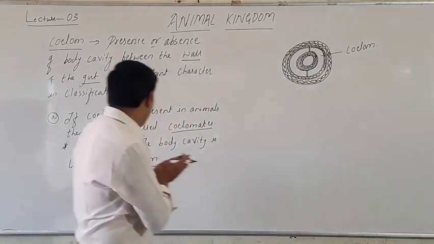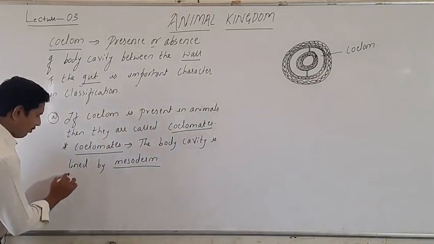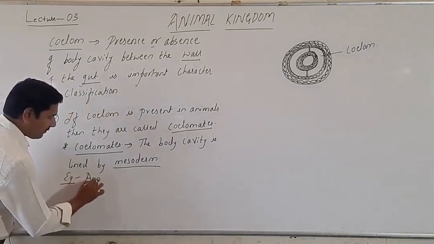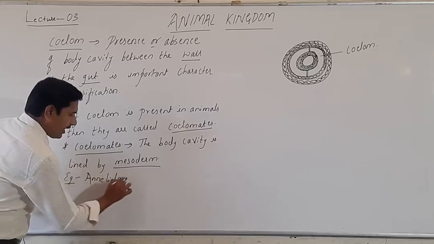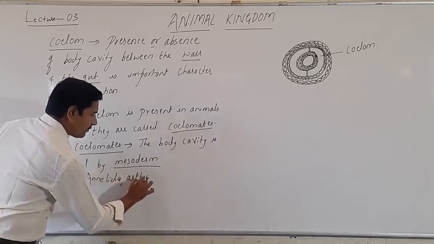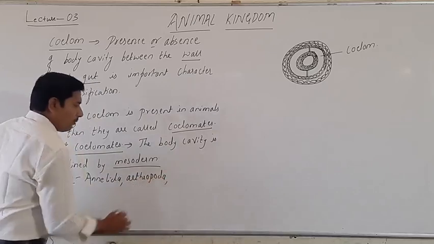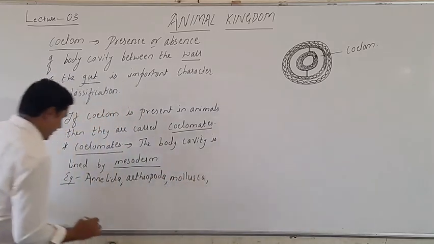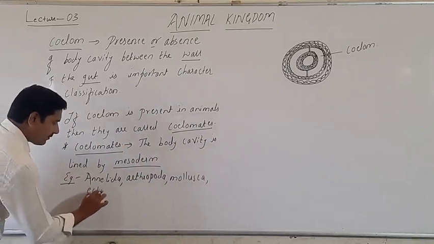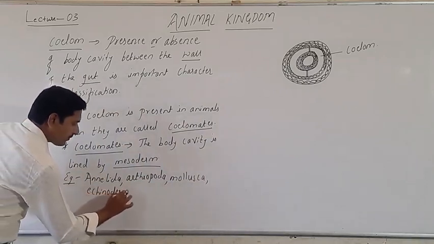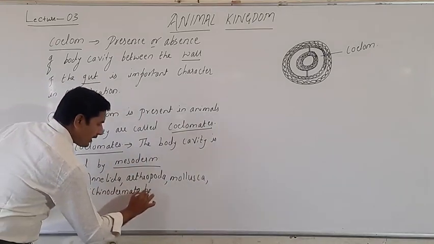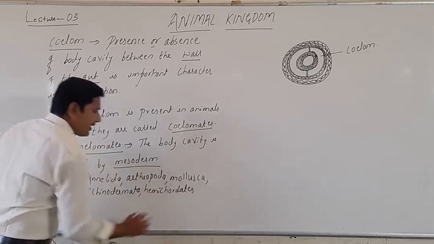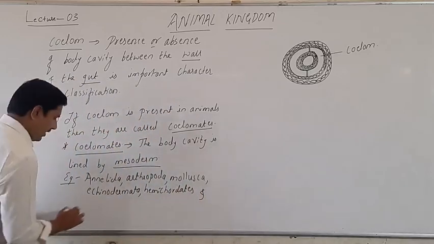And if we take examples for the coelomates, here we come across examples like Annelida, Arthropoda, Mollusca, Echinodermata, Hemichordata, hemichordates and chordates.